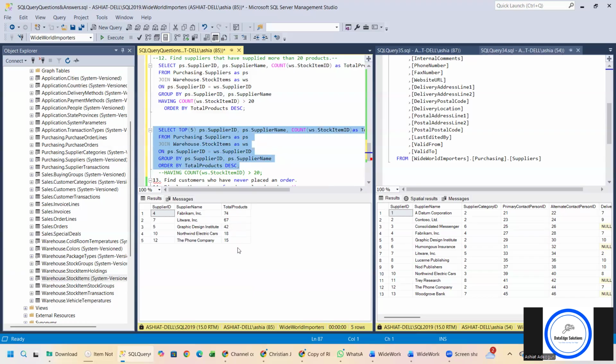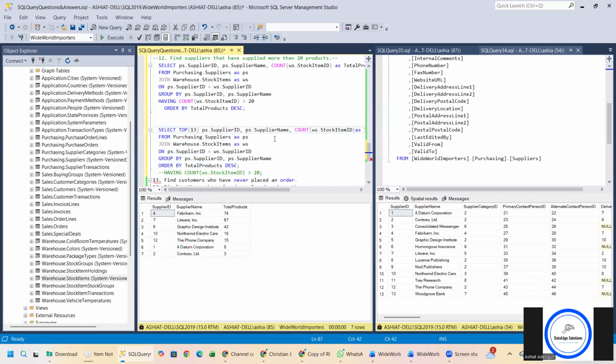Yes, this gives top 5, because our records in the supplier list are not up to 20. We have 13 records there. When we change this part to 13, let's see if it will give us all the suppliers. It still gives us 7. Why is it giving us 7? There might be something wrong with that query, so let's not waste time on it.